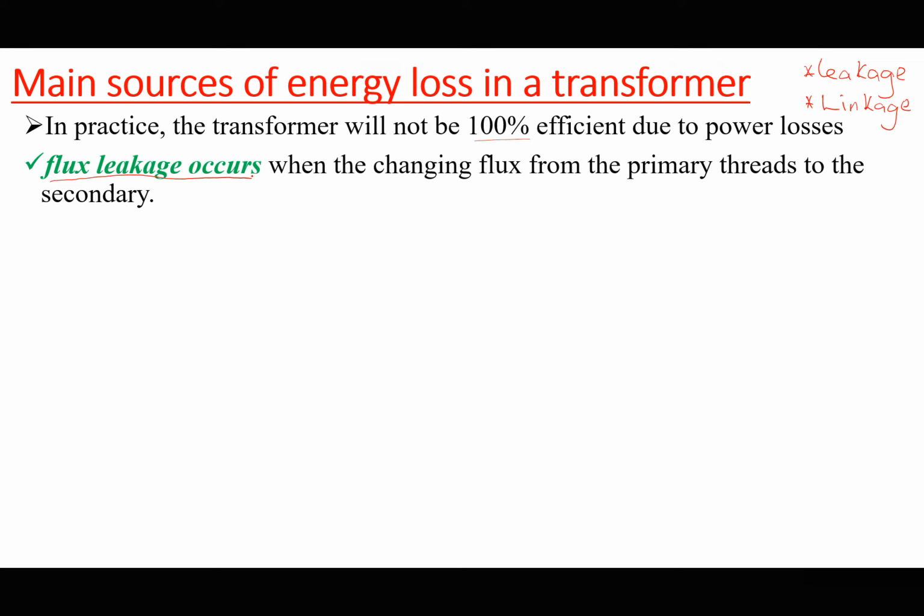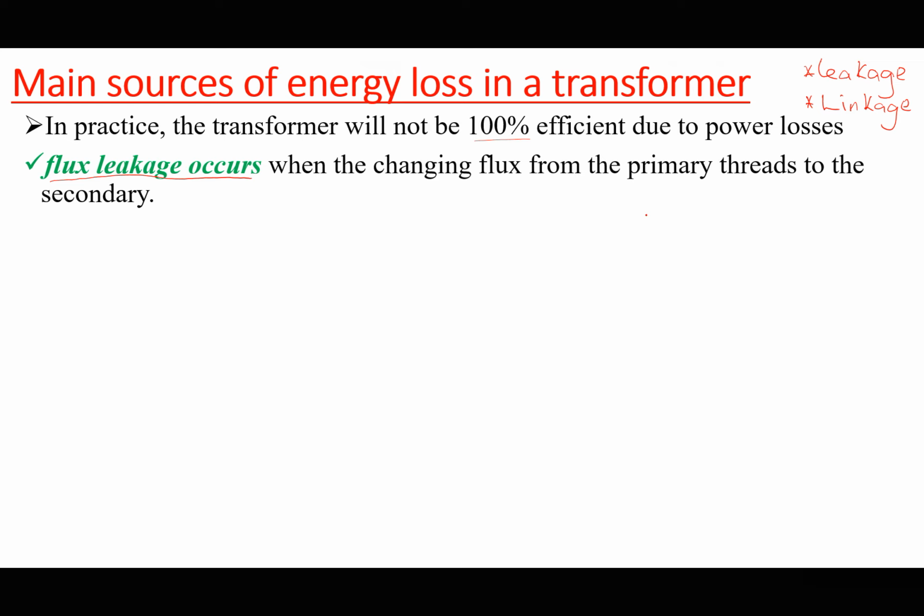It spreads all around the primary coil. So when we talk about flux leakage, when the changing flux from the primary threads to the secondary coil, some of the flux is not spreading through the core. So it means we have what we call a leakage. That's what we call magnetic flux leakage.